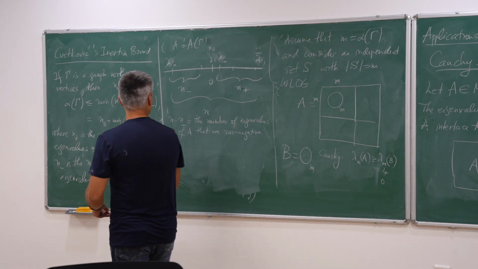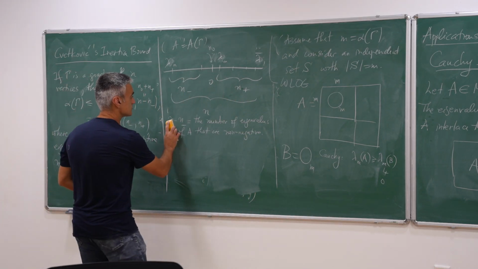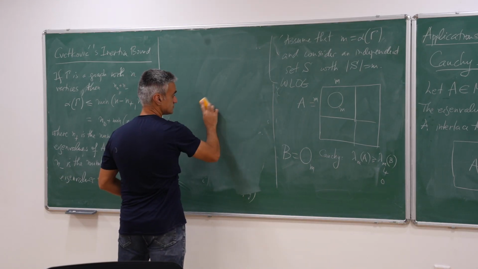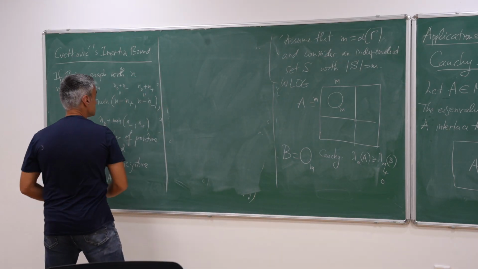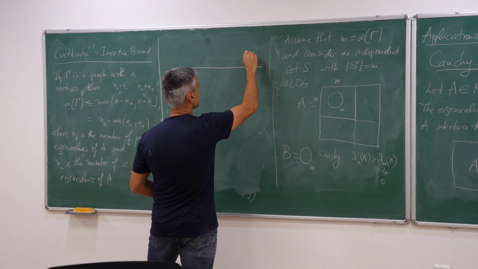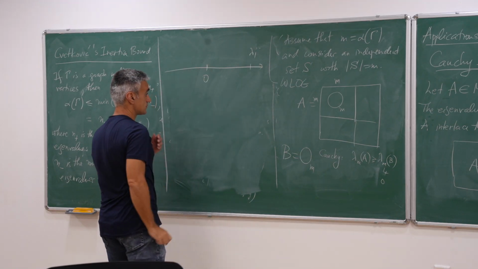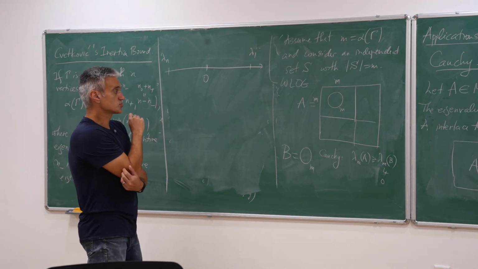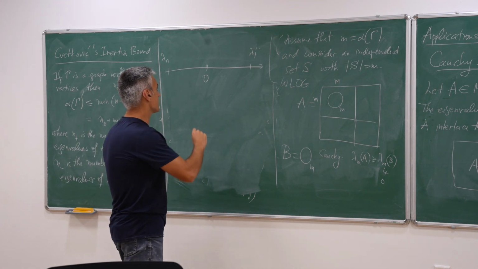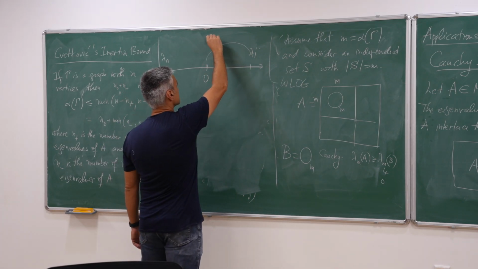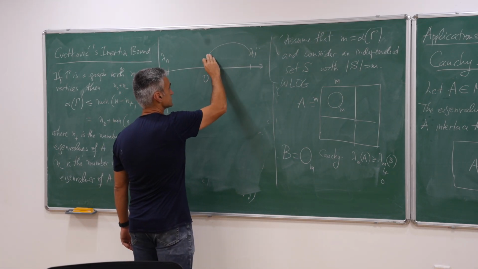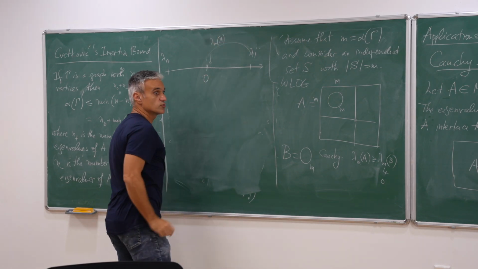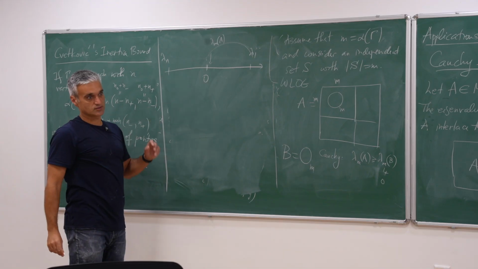So let's do a picture. You have 0 here, lambda_n is somewhere here, and we're trying to place lambda_m. It could be here, but it could also be 0.